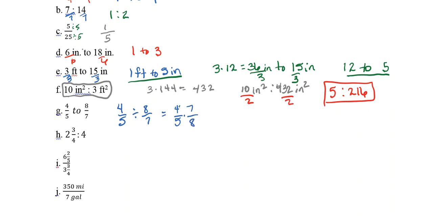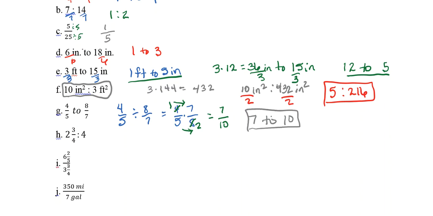I'm going to reduce beforehand. 4 goes into 4 once and into 8 twice. We multiply straight across. 1 times 7 is 7. 5 times 2 is 10. So my ratio for this one is a 7 to 10. So every 7 units on the smaller one is 10 units on the bigger one.